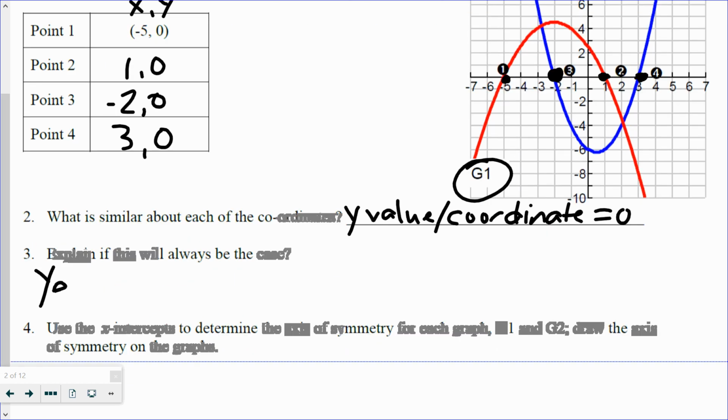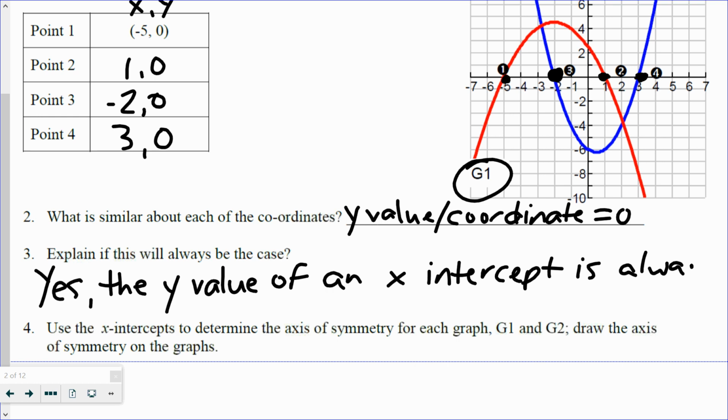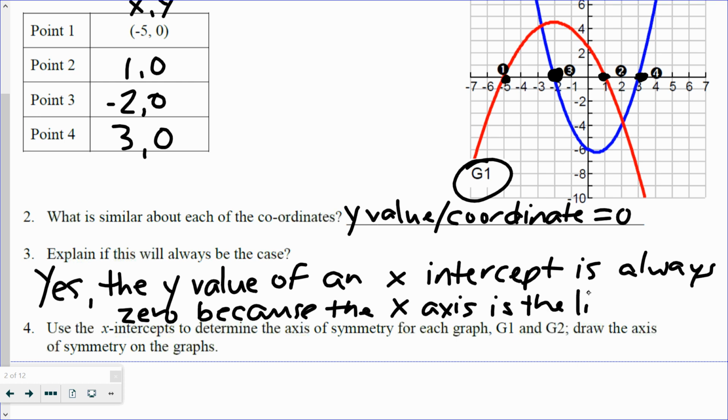Yes, it will be the case because the y value of an x-intercept is always 0, because the x-axis is the line y is equal to 0.